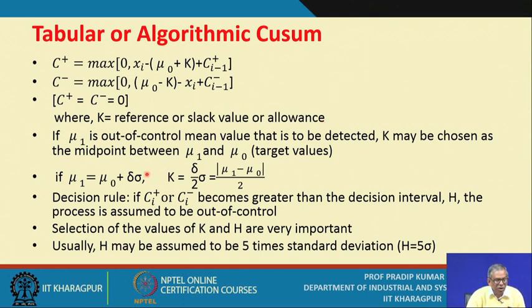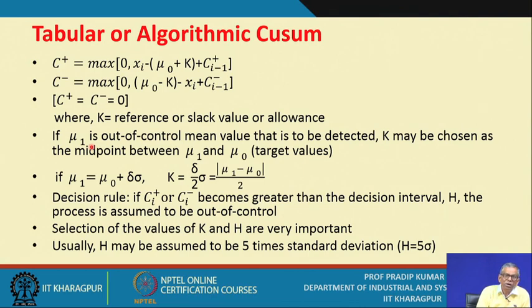While explaining the decision rules, I referred to mu1. So mu1 is the out of control mean value, which you have specified. Suppose the mean is originally 10 when the process is in control, and suppose sigma is 1.